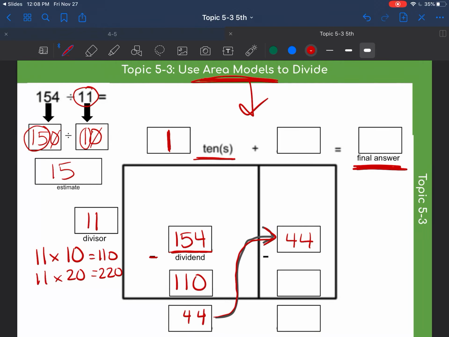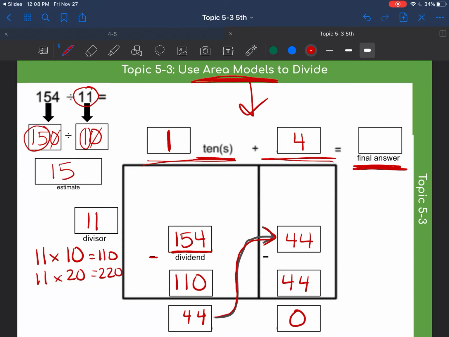Now we're dealing with the ones. Earlier we were dealing with the tens, now we're just dealing with the regular ones. So 11 times what gets you 44? And now for this problem to work, it should be exact. Okay, so 11 times what gives you 44? 11 times 4. Okay, so 11 times 4 is 44. Again, for these problems, you should be getting a 0 because that means that we don't have any remainders.